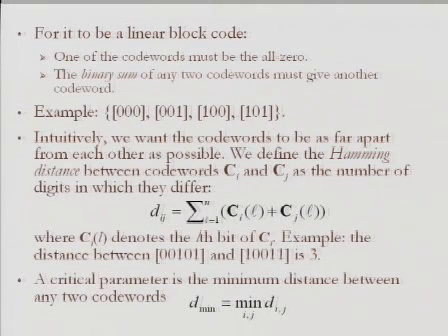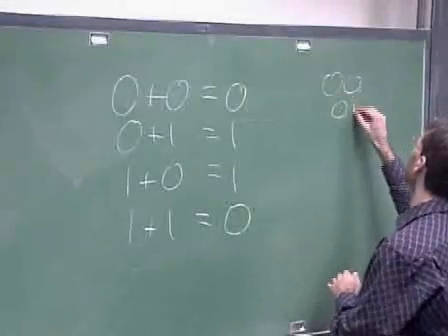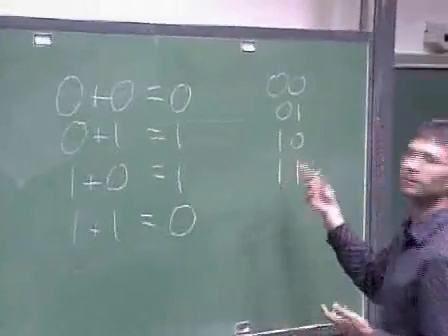Now what is k here? K is 2, right? You have 4 code words. So how many bits do you represent with 4 things? Log 2 of 4 is 2, right? So with 4 code words, you can send 4 possible messages or blocks of bits: 0 0, 0 1, 1 0, 1 1, right?